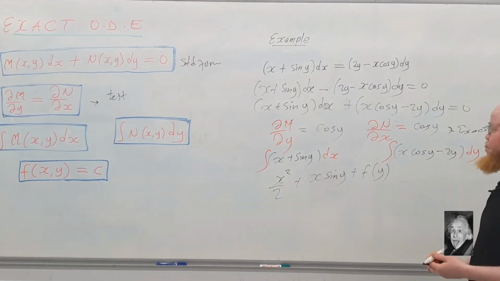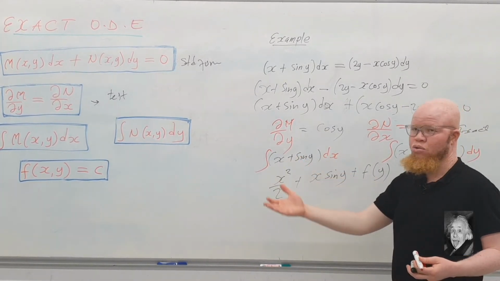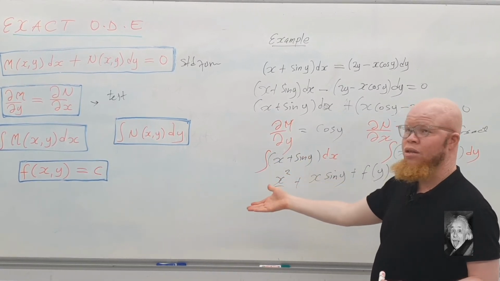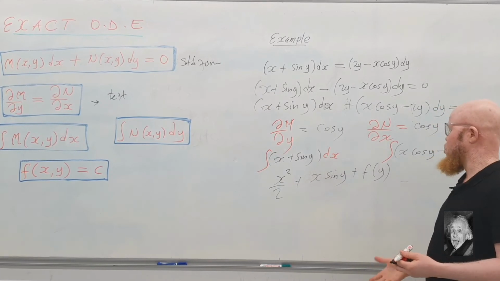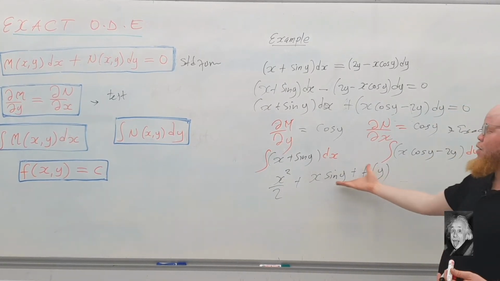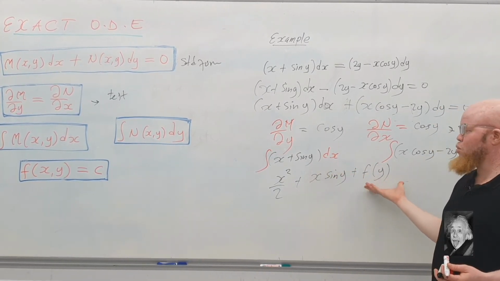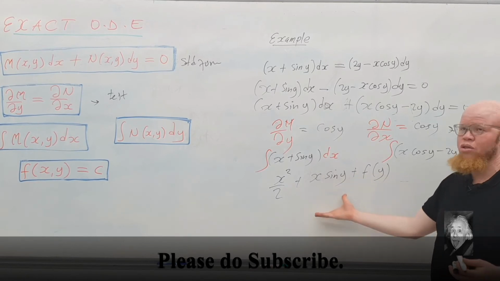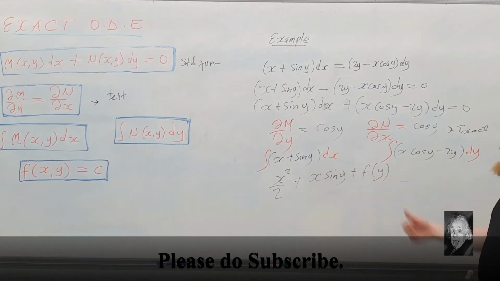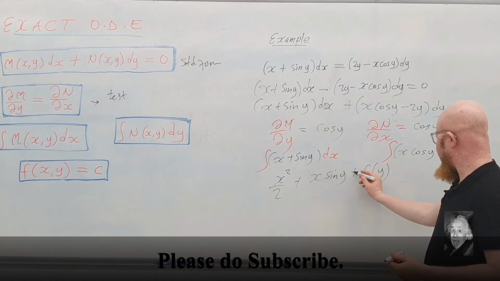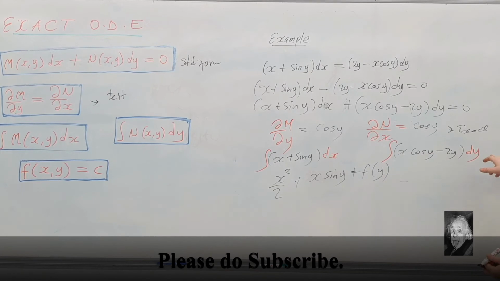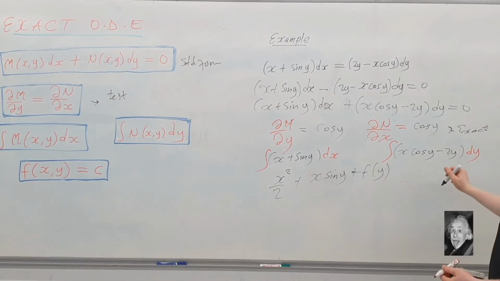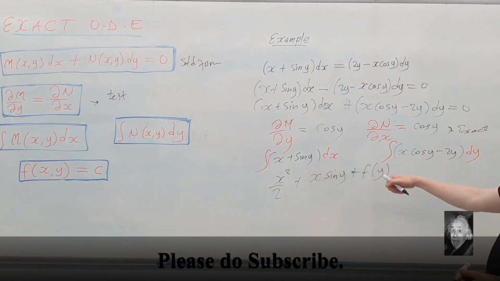Why? Because when you're integrating, as you used to do when you differentiate, you have a constant of integration. Because we assume that y is a constant here, we may have left out some function of y. So you just have to put it like that. So let's do this side as well. If you integrate this with respect to dy, that means your x is constant.